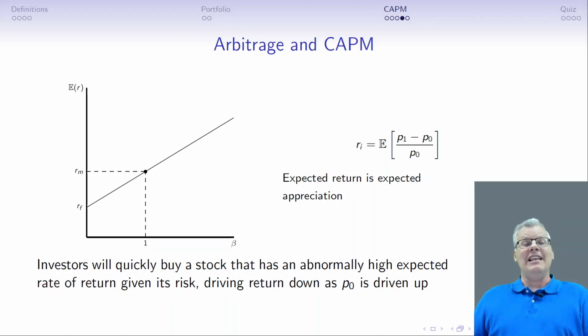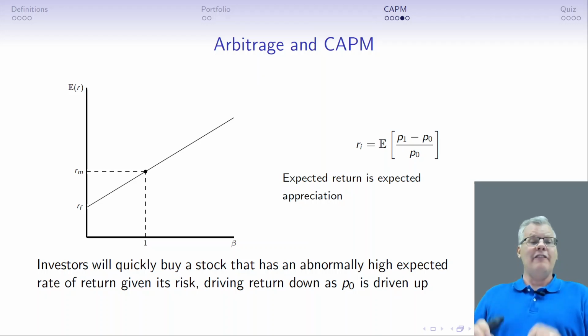That would be seen as a really good deal by investors, and they would buy it up in expectation of future appreciation. Remember, P1 is the expected value of what we think will happen in the future. P sub 0 is the value of the stock today, or the mutual fund, or whatever it is.